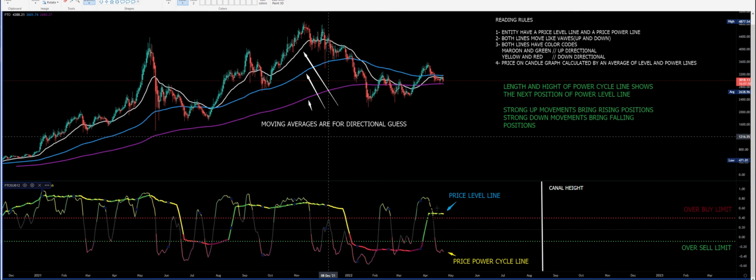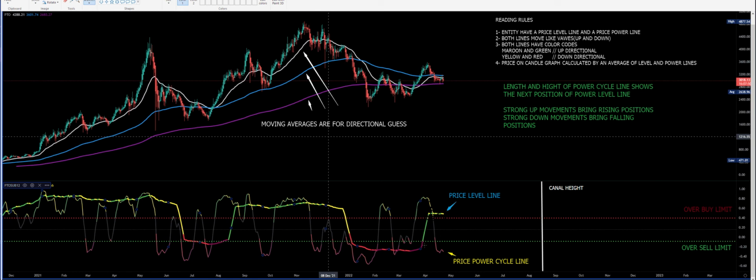At the moment, as you can see, the thin line, which is the power cycle line, is showing us that the timing of the power cycle is at the low level. That means it's going to have some travel like these at the bottom. Then it will get some movements to rise up.